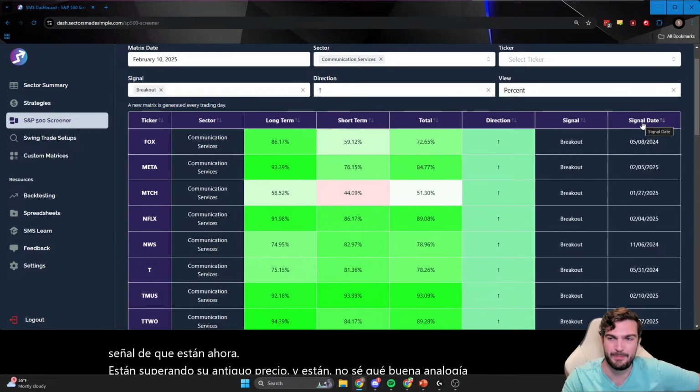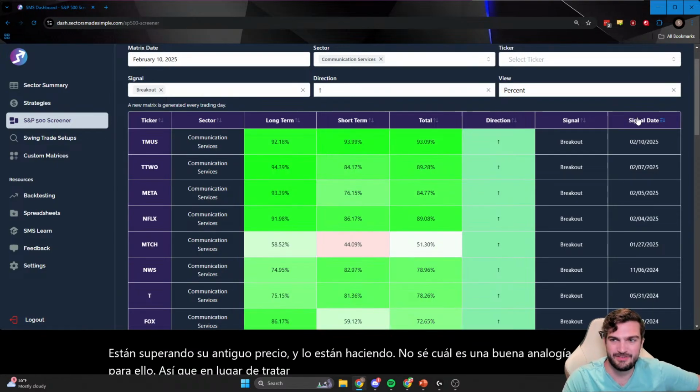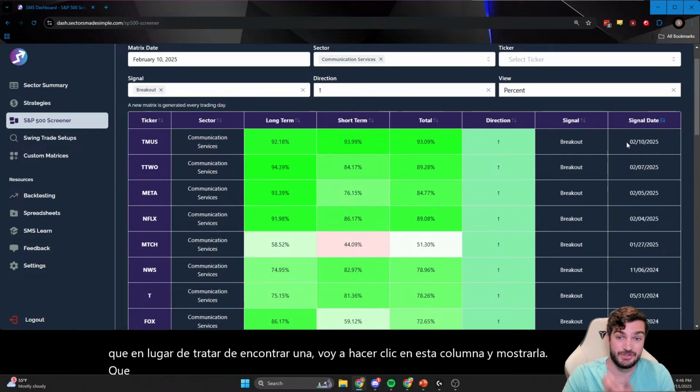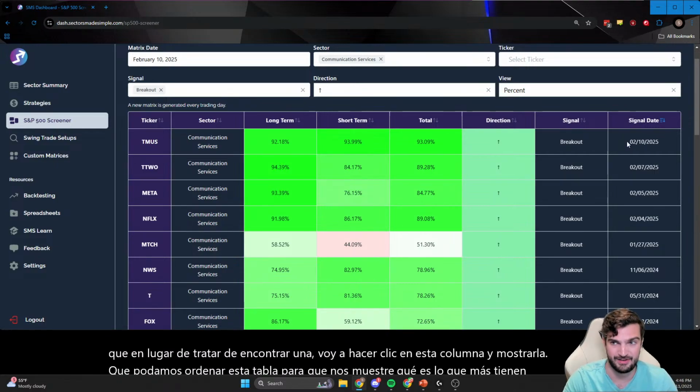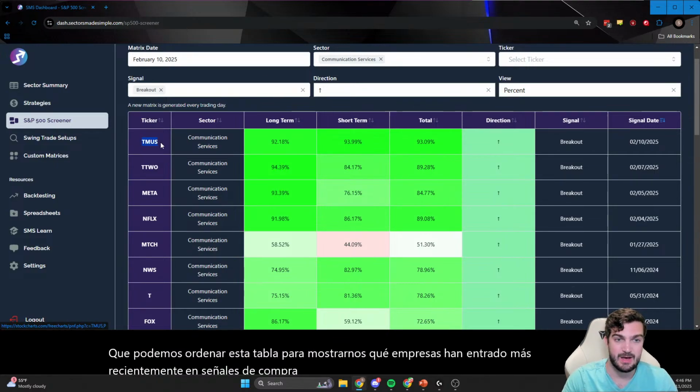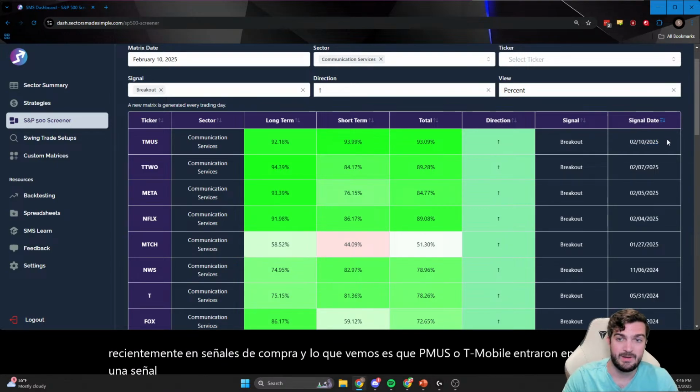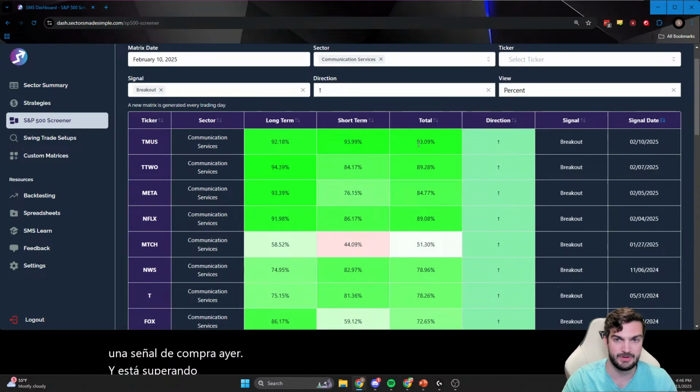So instead of trying to come up with one, I'm just going to click on this column and show you that we can sort this table to show us what companies have most recently gone on buy signals. And what we see is TMUS, or T-Mobile, went on a buy signal yesterday and is beating 93% of S&P 500 companies.